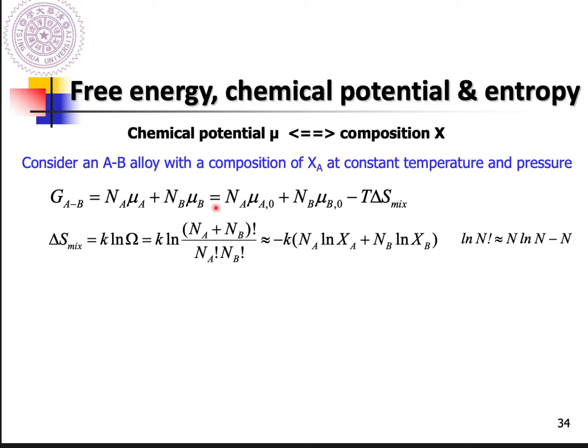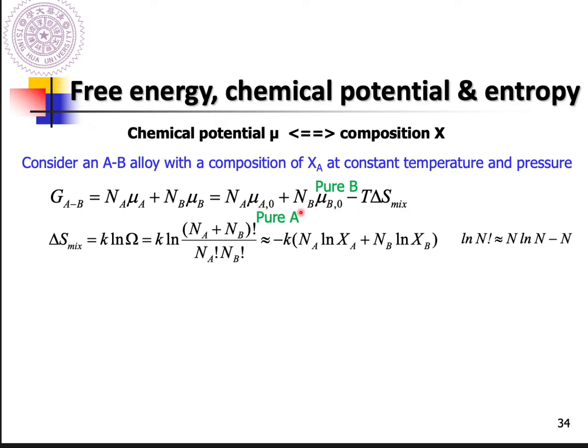And also, because we want to get mu A and mu B, the other way to express this is Na times mu A0. Mu A0 is the chemical potential of atom A in pure A material, plus Nb, the number of B atoms, times the chemical potential of atom B in pure B material.